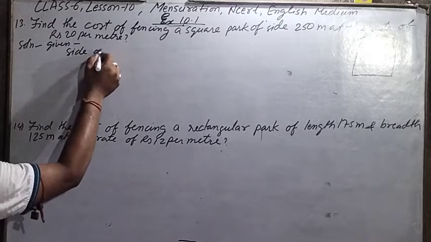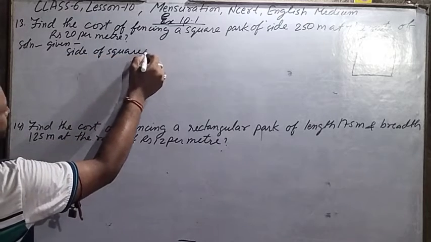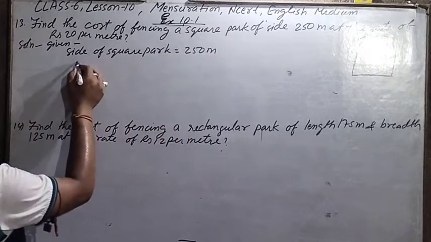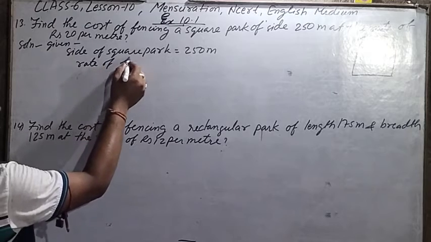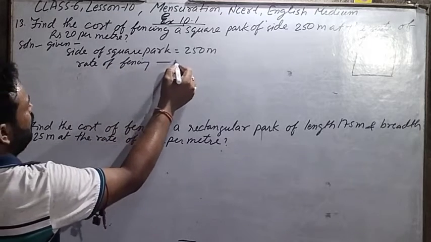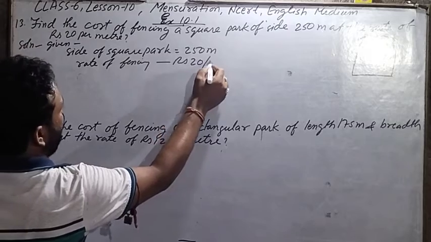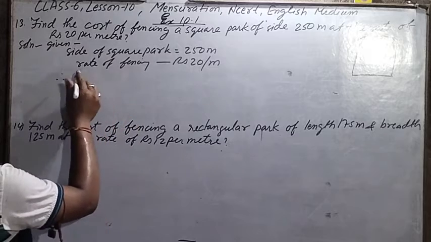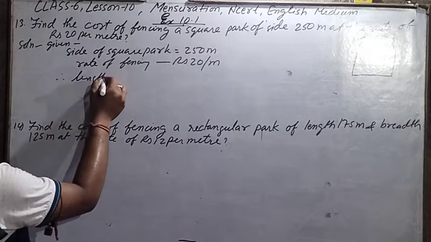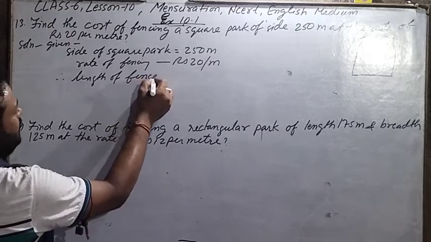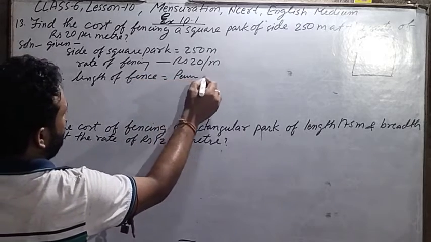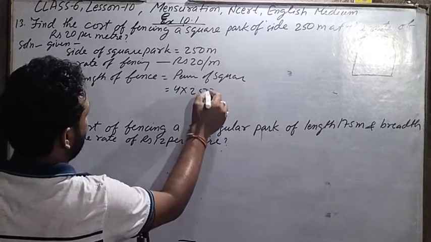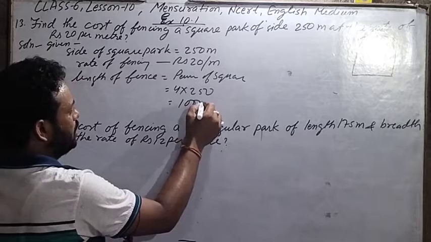Given: side of a square park is equal to 250 meter. Rate of fencing is given, rupees 20 per meter. First, you will find length of fence, that is length of fence is equal to perimeter of square, that is 4 into 250 is equal to 1000 meter.